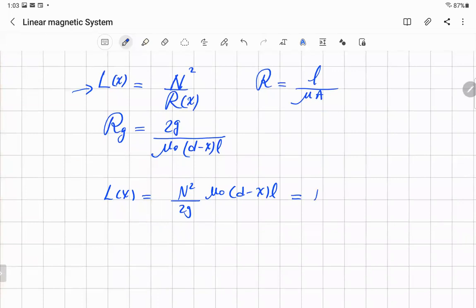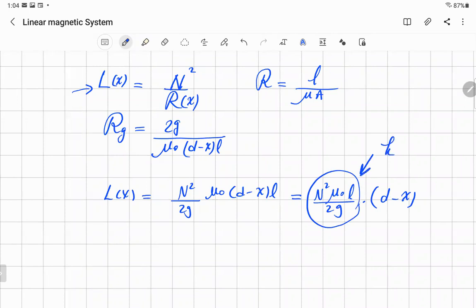So I will have N squared mu naught L over 2G times G minus X. I want the term that has X outside. And even to make it simple, I'm going to call this constant K. So now I can write L of X is equal to K times G minus X.